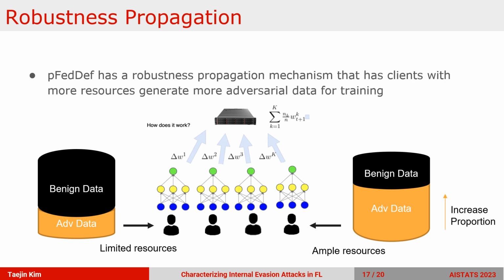Thus, the algorithm we propose, pFET-DEF, also has a built-in robustness propagation mechanism where clients with more resources generate more adversarial data for training to pick up the slack for clients with limited resources. This becomes especially harder as when clients have limited resources, those that have to generate more to pick up for them must have similar data distributions and thus similar models.